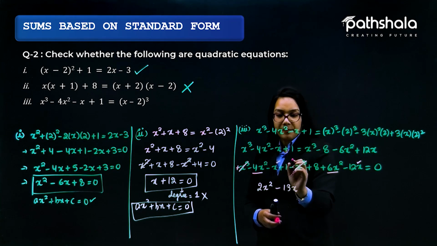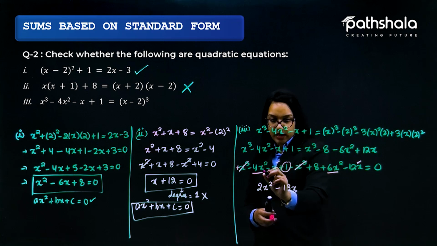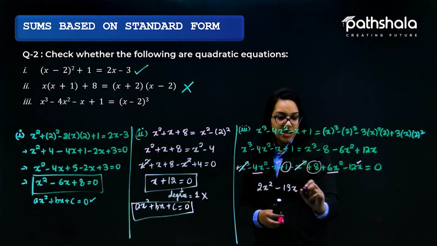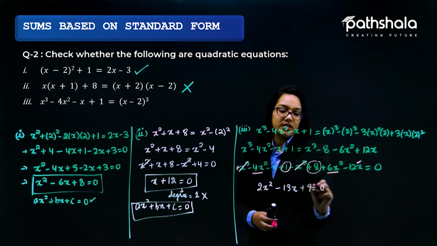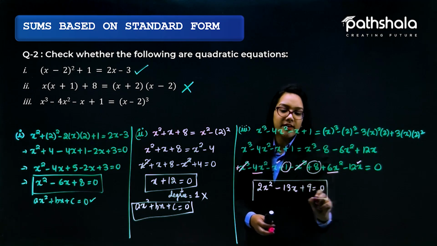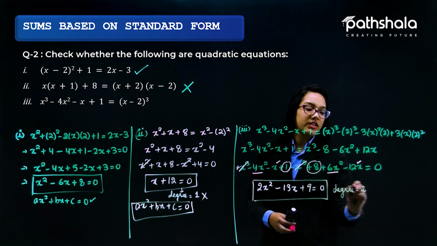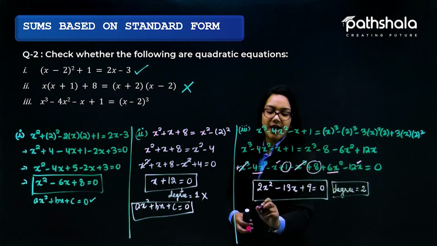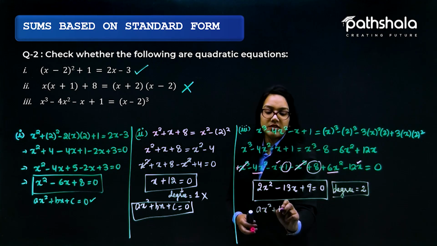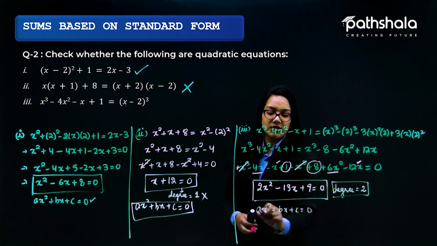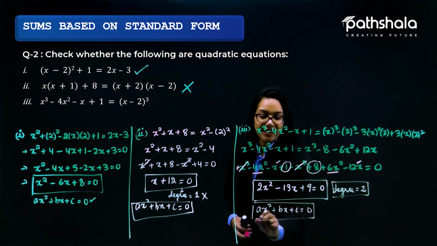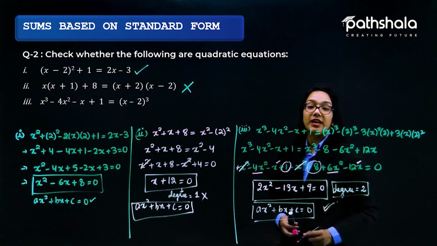We have plus 1 and the constant plus 8, so this is plus 9 is equal to 0. Again we can see the highest degree of the variable is nothing but 2. It means that it is of the form ax square plus bx plus c is equal to 0, and thus it is a quadratic equation.